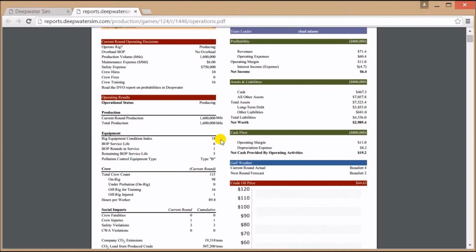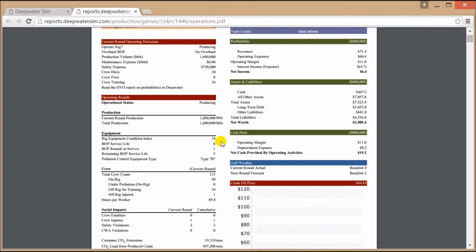So if you're driving a new car off the lot, opening up a computer for the first time, this is the condition that the rig is in, the equipment is in when the team gets it. Now, the lower the number, the worse the condition of the equipment. The higher the number, the better. And there's no upper bound or lower bound on this number.